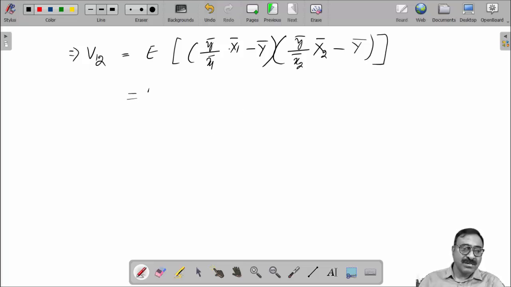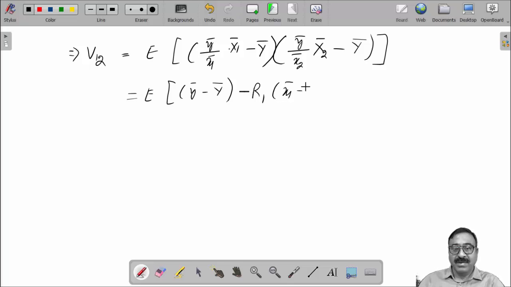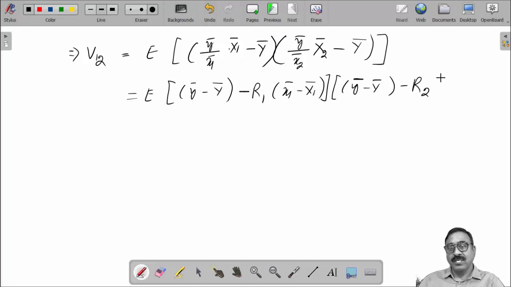Now this is equal to expectation of (y bar minus Y bar minus R1 (x1 bar minus X1 bar)) just like previous, into (y bar minus Y bar minus R2 (x2 bar minus X2 bar)).